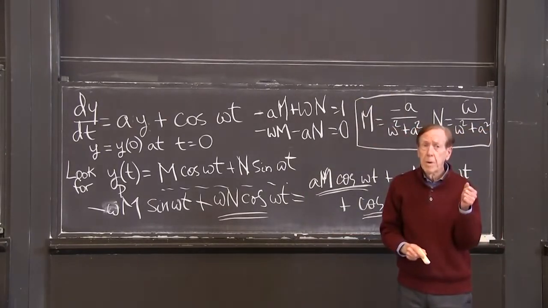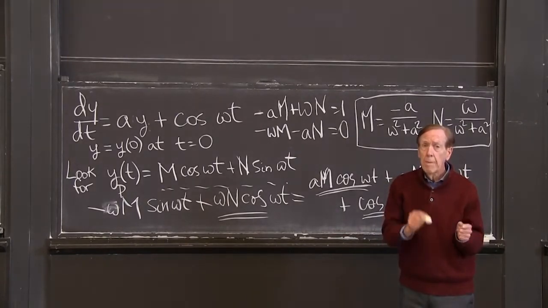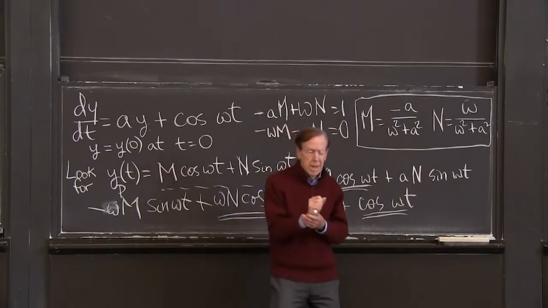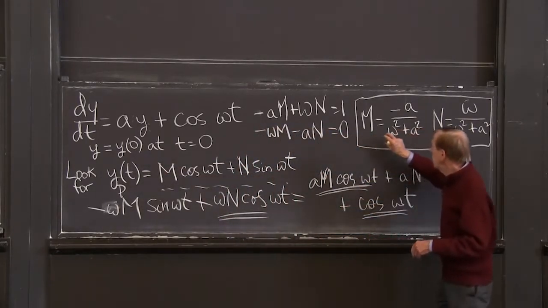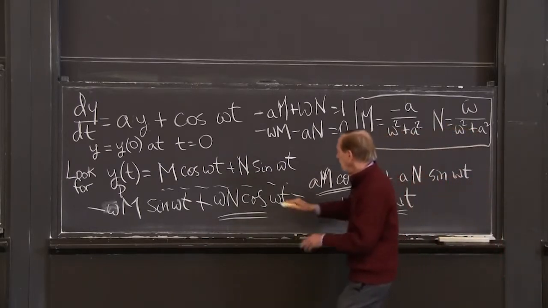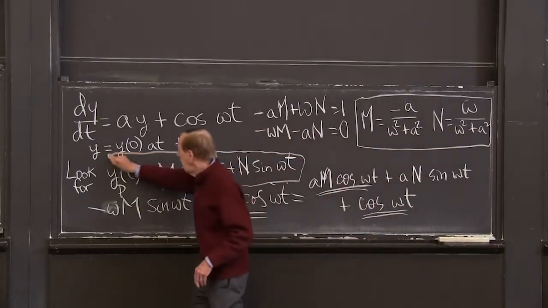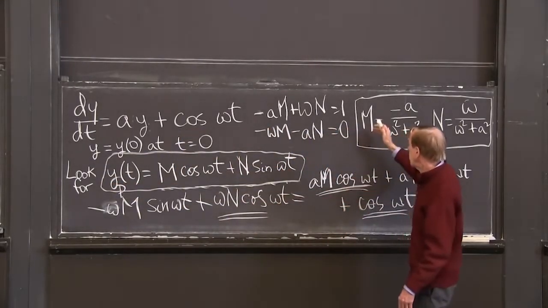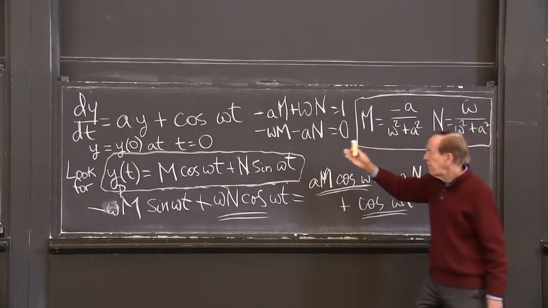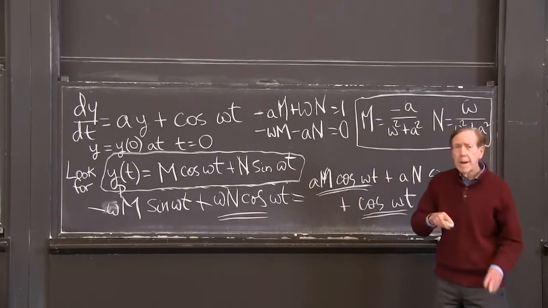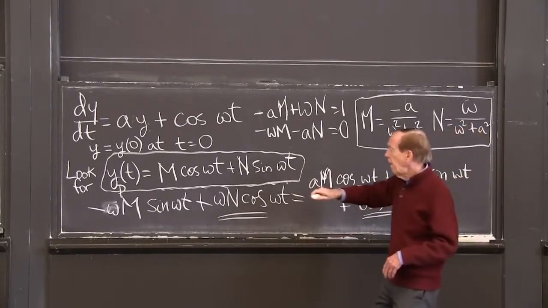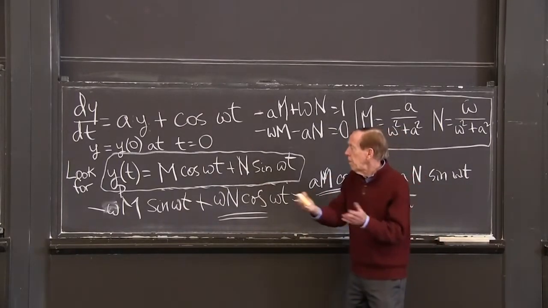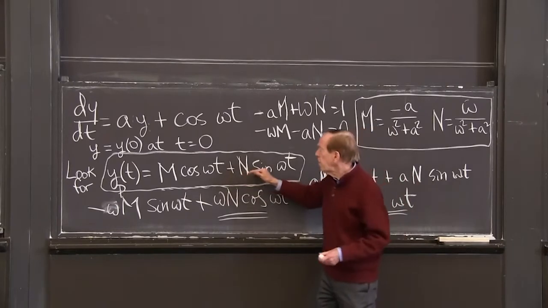Well, we found the particular solution. I haven't matched the initial condition. Now, in many, many cases, it's this particular solution that's of interest. Let me put a box around our solution. We substituted that in the differential equation. We discovered m, we discovered n, we've got this particular solution, and that's the oscillation that keeps going. If we're listening to radio or if we have alternating current, this is what we see.